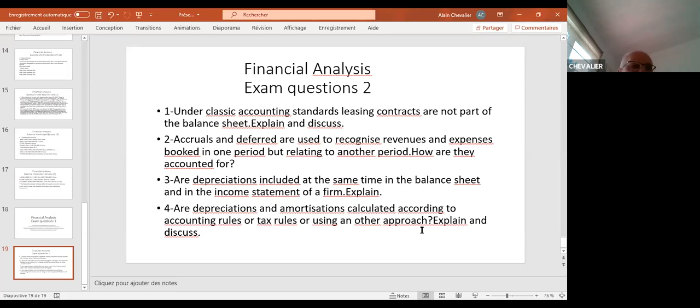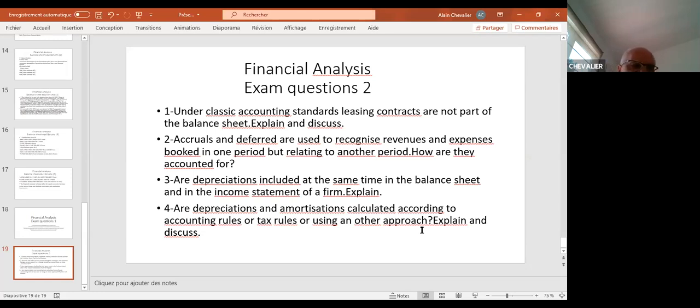If you buy, for example, again, a production equipment for 100, and the production equipment is submitted to depreciation rules with a linear scheme on 5 years, that means that each year it will be depreciated by 20.